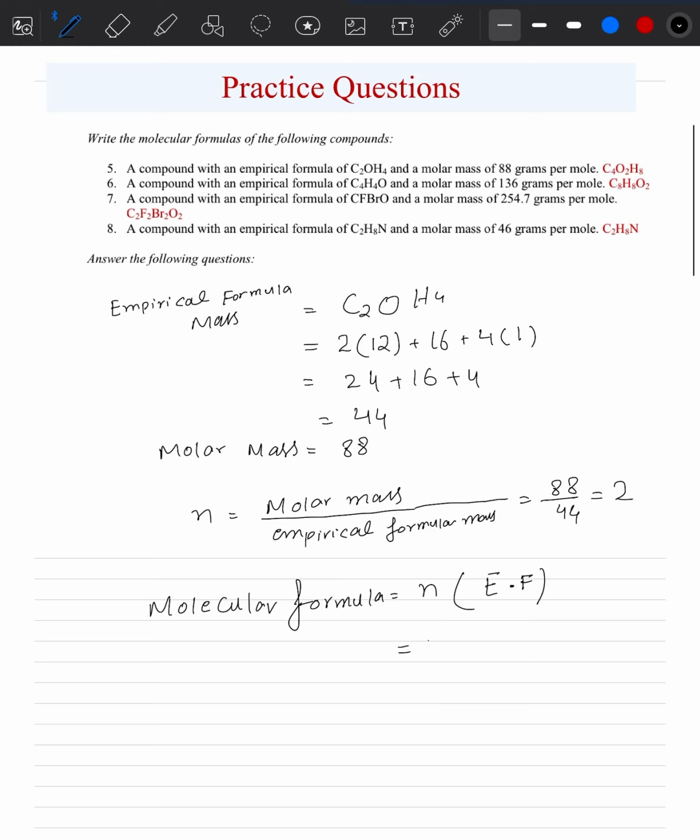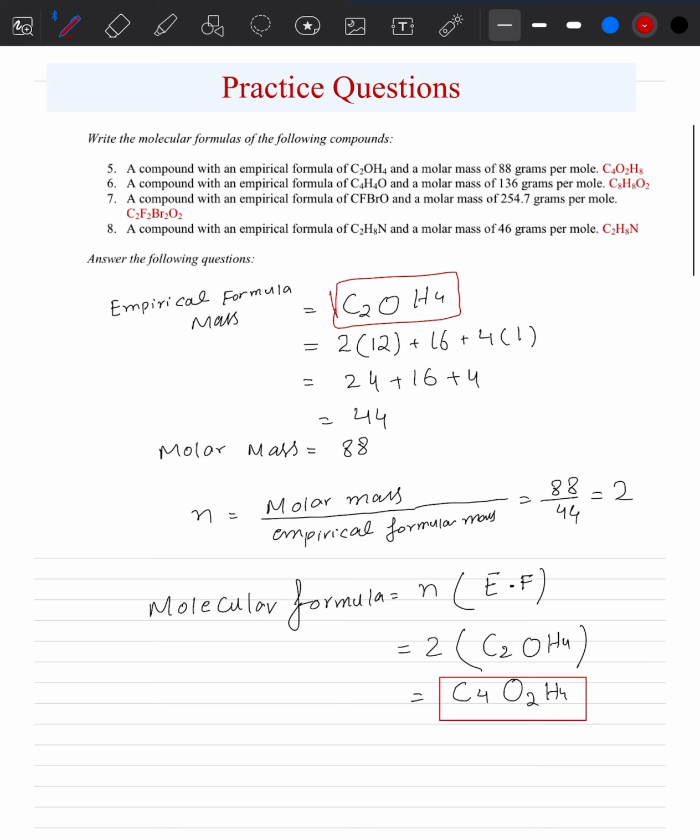So now the value of N is 2 and the empirical formula is C2OH4, and when we multiply by 2, we would get C4O2H4. So this is the molecular formula of the given compound, which has the empirical formula of C2OH4. So this is how we change empirical formula into molecular formula.